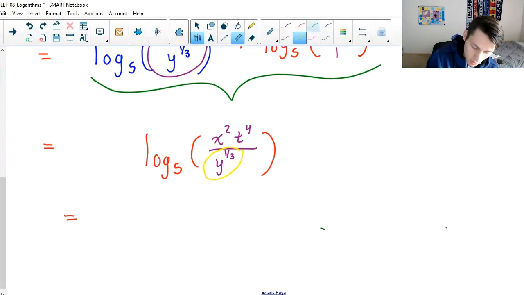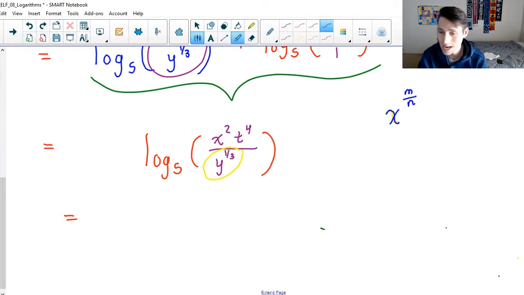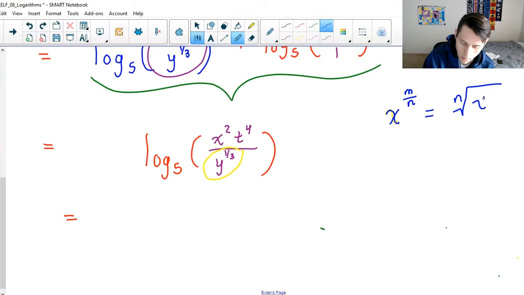Because remember from our properties, if I have something to a rational exponent power, we can rewrite it like this.